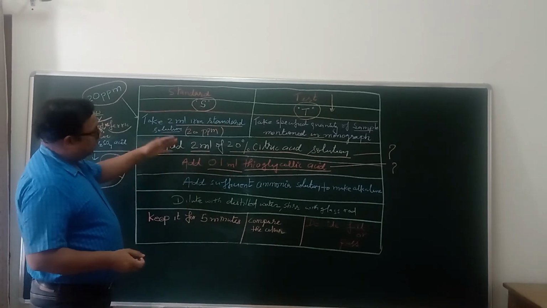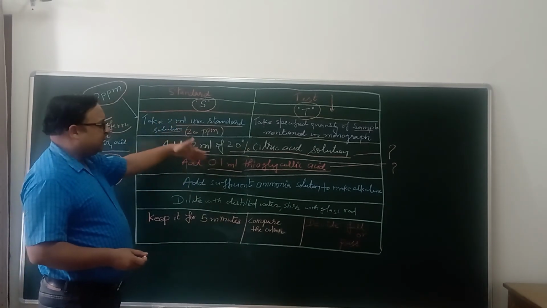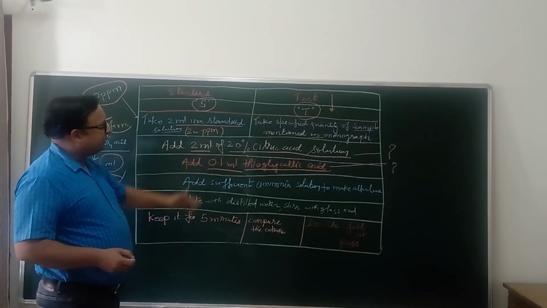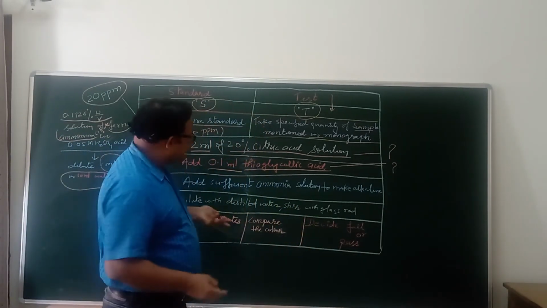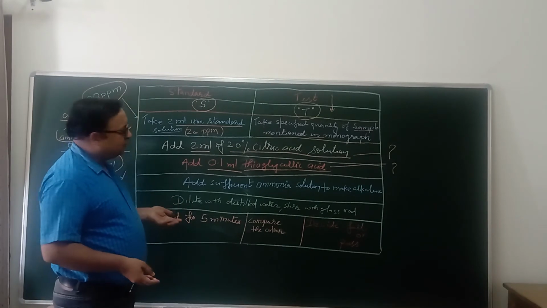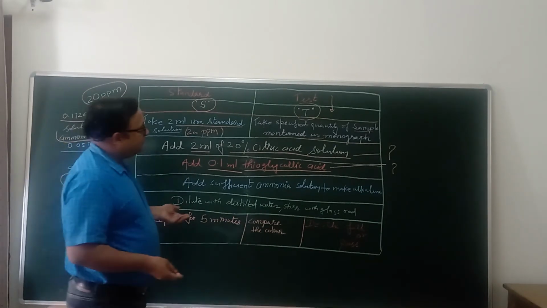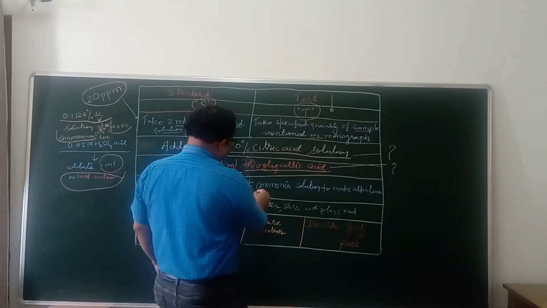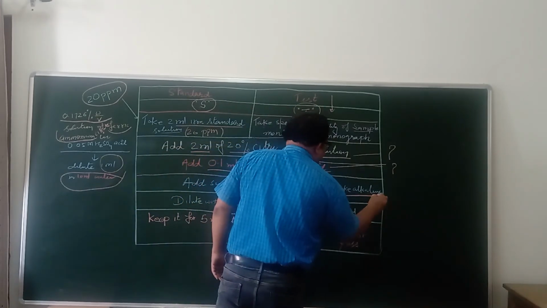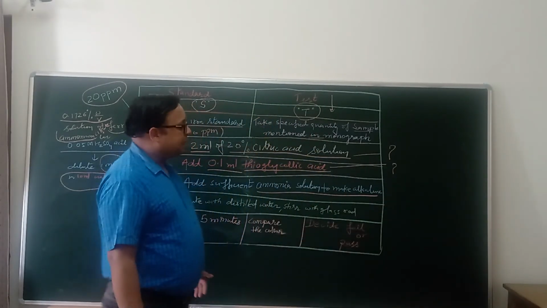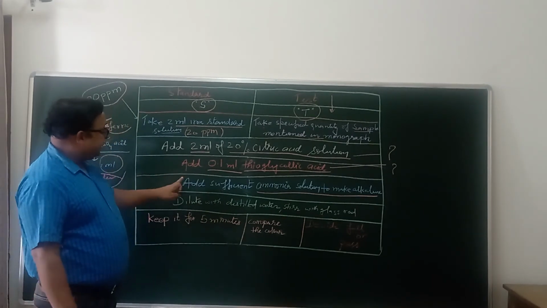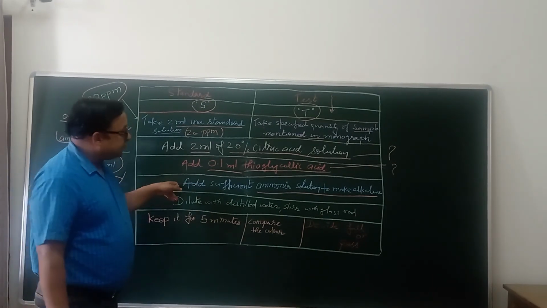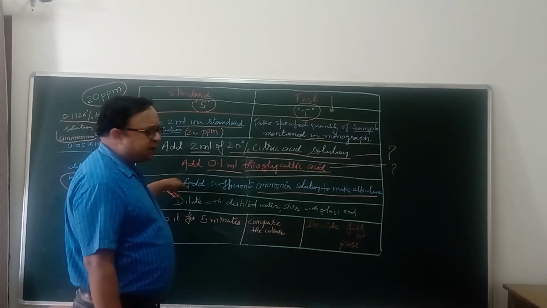Now a complex is formed between iron and thioglycolic acid in the presence of citric acid, but it will remain colorless. So to impart color, we will need ammonia. And how much ammonia will we require? Just sufficient to make it alkaline. जितना अमोनिया उसको अल्कालाइन करने के लिए चाहिए उतना ही अमोनिया ऐड करेंगे. Here quantity is not mentioned. It will depend on the actual quantity required.